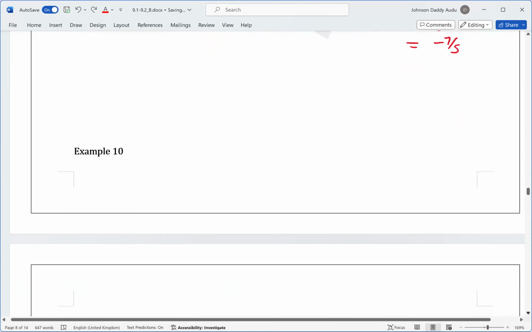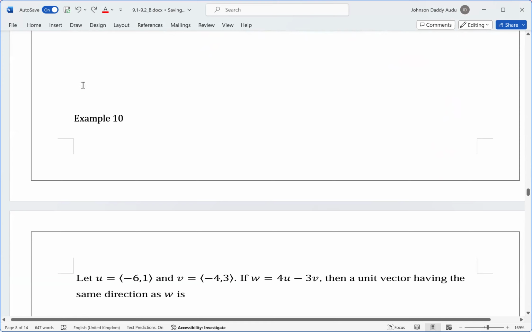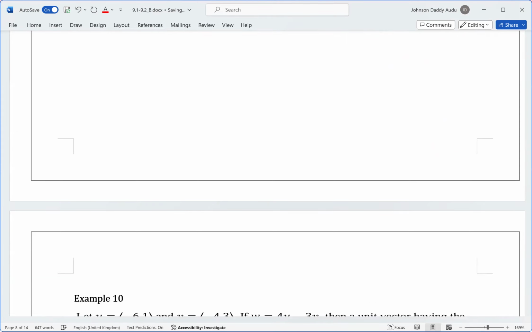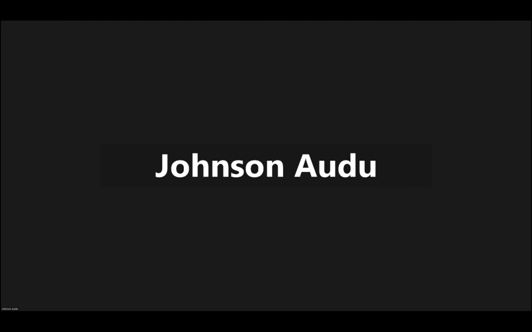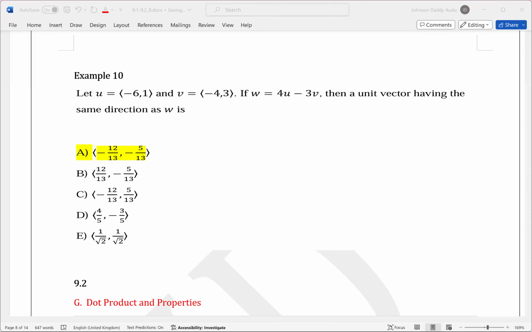So example 10, does it say? All right, so example 10 is talking about this.